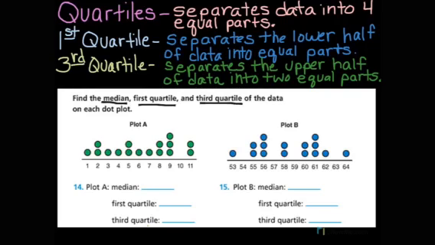So this first dot above 1 literally means 1. Each dot above 2 represents 2. This one is 3, and so on. So when you are working today, I want to see you write the number in each dot on your dot plot.